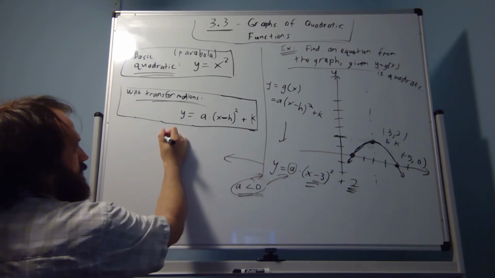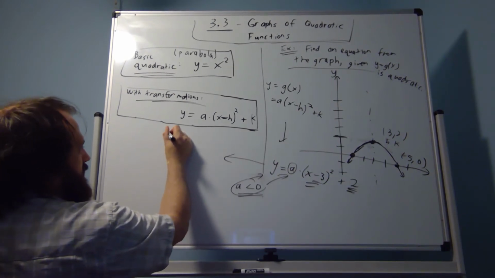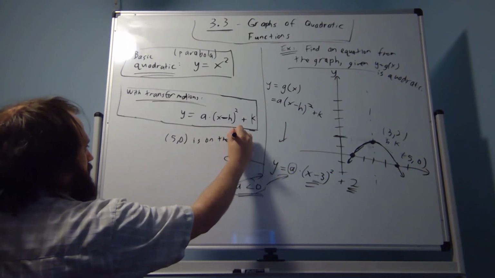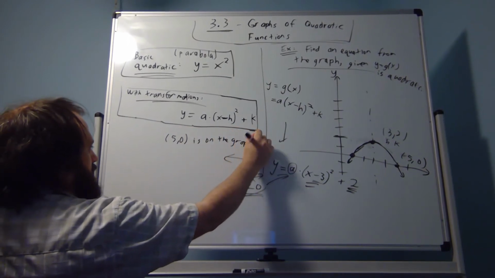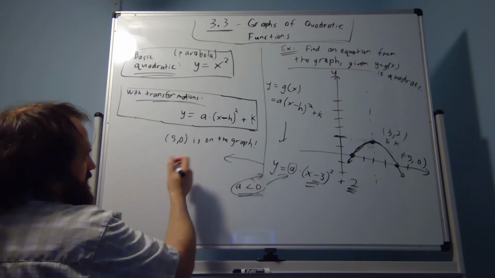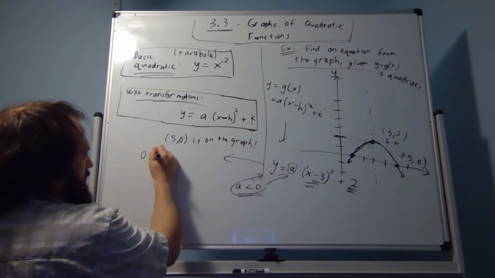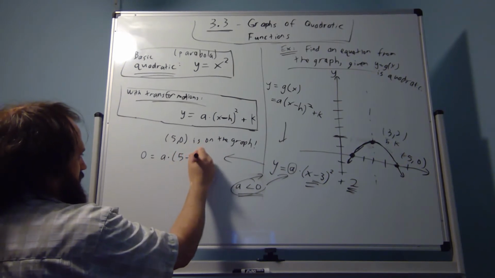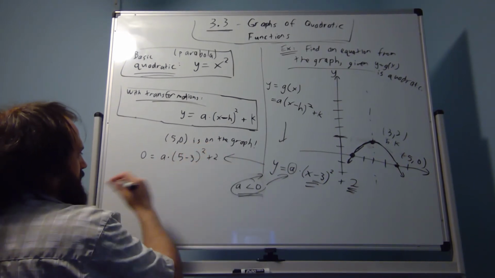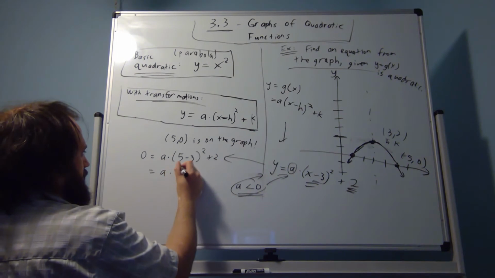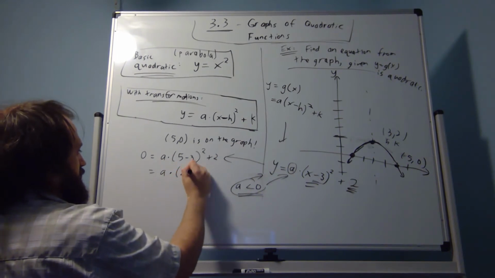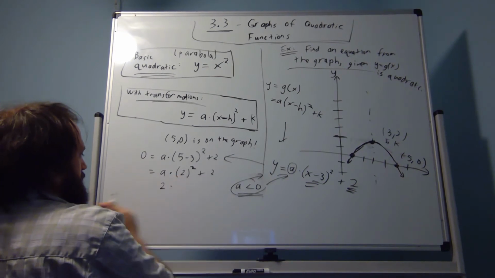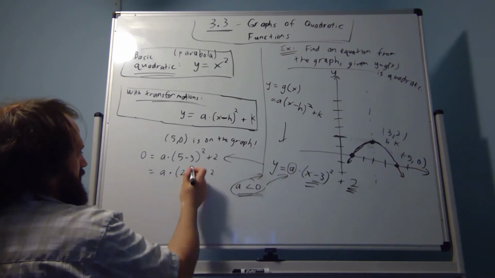Well, our parabola satisfies, when x is 5, y is equal to 0. So 0 is equal to, when x is 5, what do we get? We get a times 2 squared plus 2 is equal to 0. So 2 squared is 4.